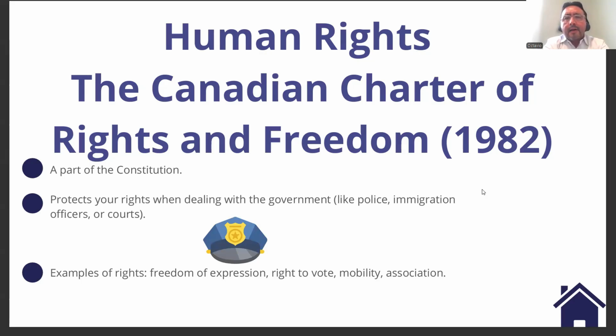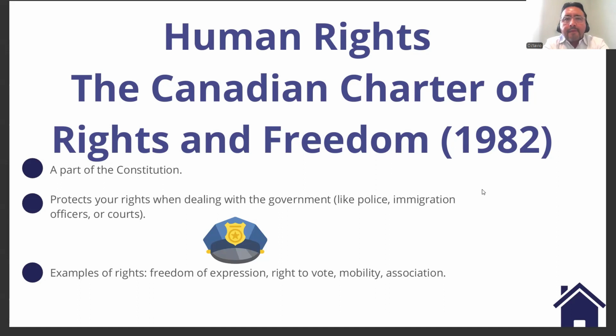And examples of the protected grounds in the Canadian Charter of Rights are our freedom of expression, our right to vote, our right to mobility, and our right of association, right?